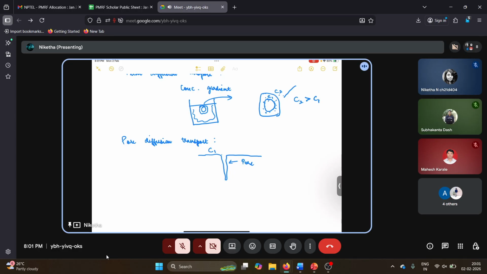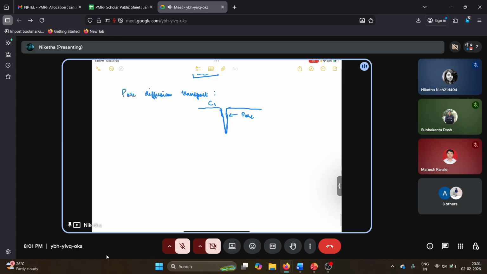Compared to the concentration of the pollutant at the surface of the pore, the concentration inside the pore, which is in this place, is different. Here there is no pollutant, right? So here the concentration of the pollutant is almost negligible. Because of that, there is a concentration gradient.